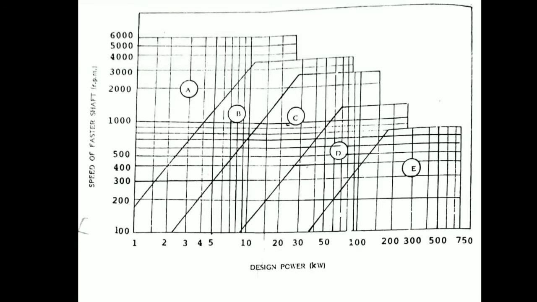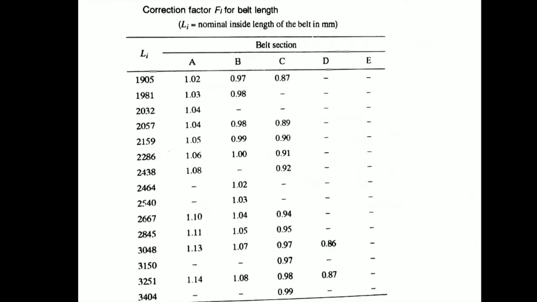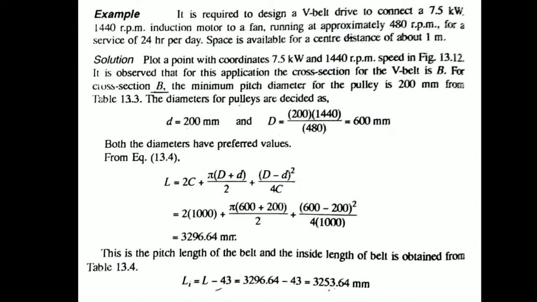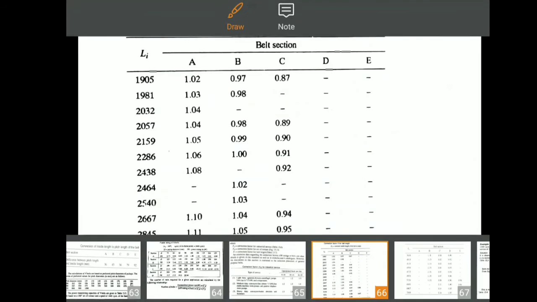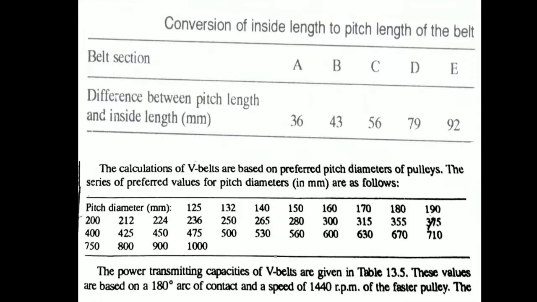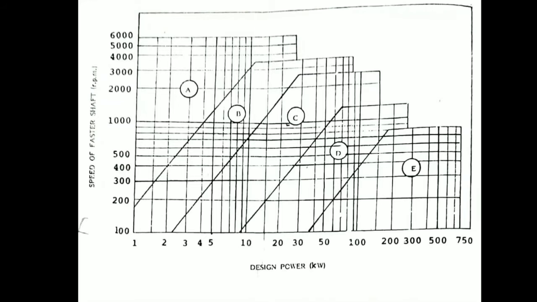Power is 7.5 kilowatt, so it is situated somewhere here, correct? 7.5 kilowatt with 1440 rpm. You can see 1440 rpm somewhere here. So here we'll meet approximately. So section is B. B belt section we need to select.